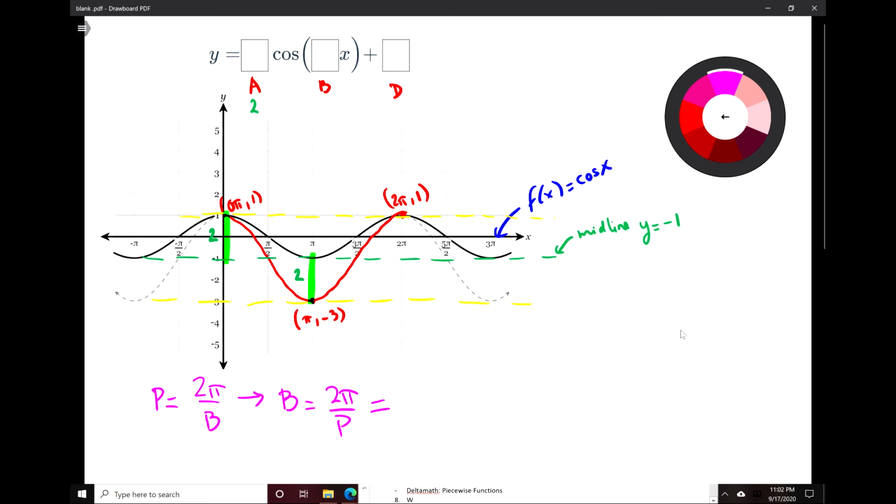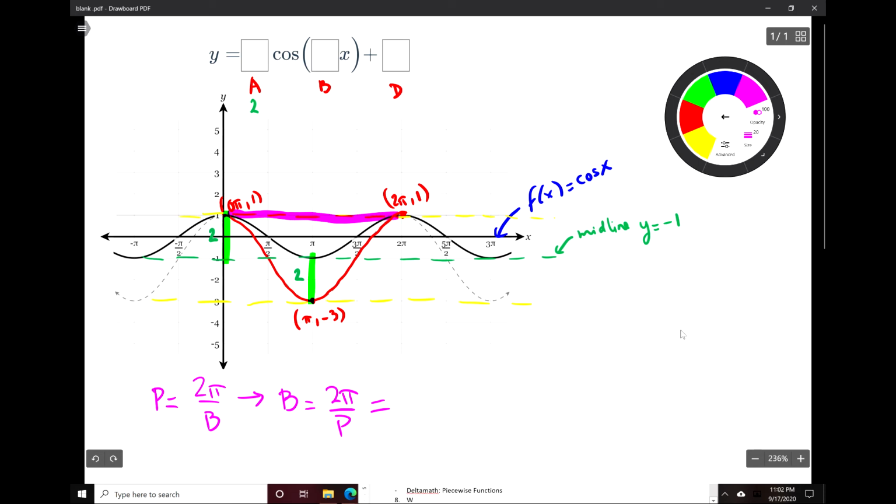Since the period that we chose earlier already has two consecutive maximum points, we take 2 pi minus 0 pi. This gives us 2 pi. So we have 2 pi divided by 2 pi, and this equals 1. So b is 1.